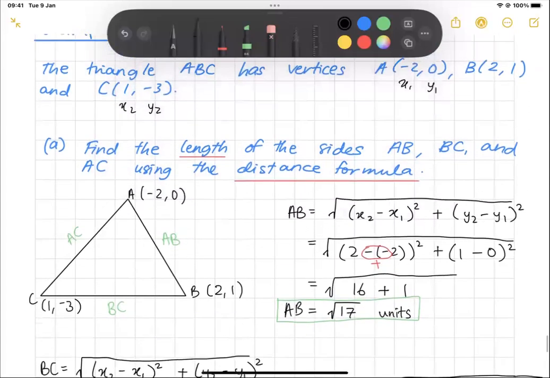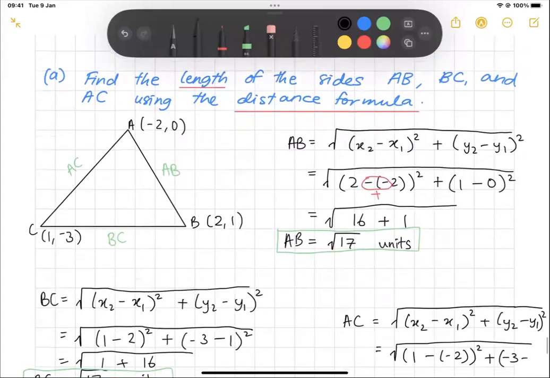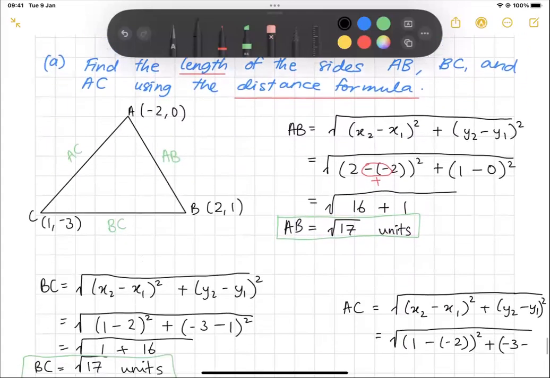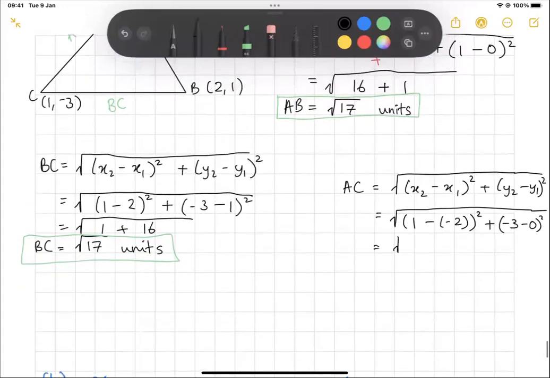My y2 is negative 3, minus my y1 is 0, whole squared. Okay, do this by hand, because why not? These two minuses turn into a plus. 1 plus 2 should equal 3. 3 squared is 9, plus negative 3 minus 0 is negative 3.